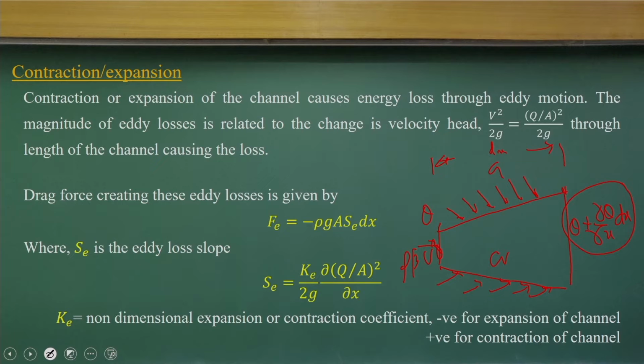So the momentum flux will be rho beta v q plus the variation of rho beta v q times dx. More detailed derivations you can find in applied hydrology books. So you can write the mass flux in terms of q and the momentum flux in terms of rho beta v q.